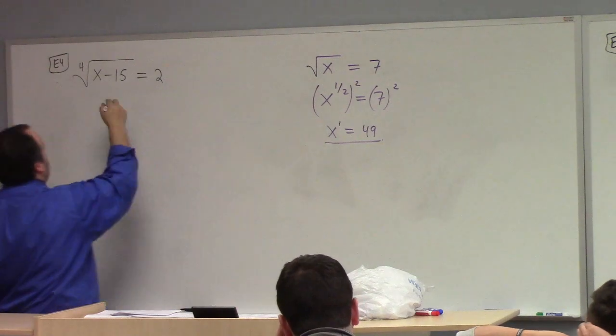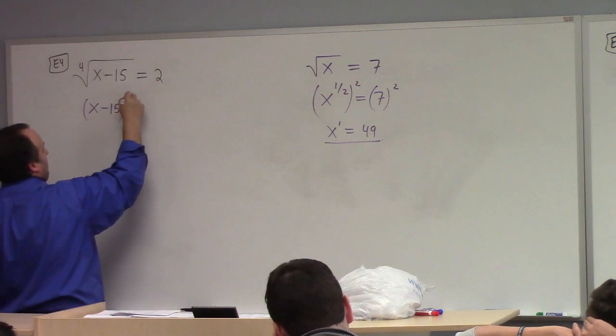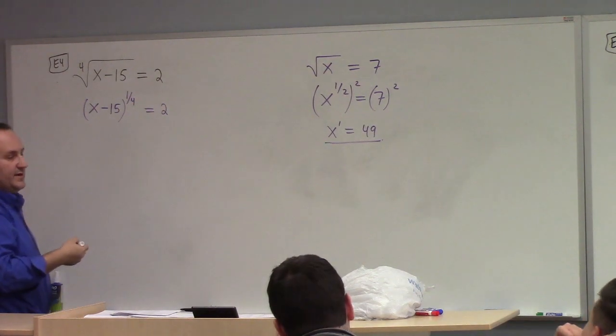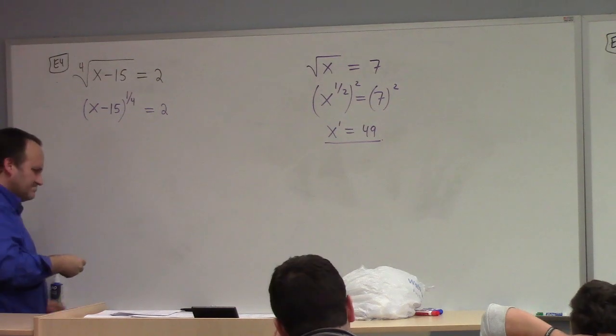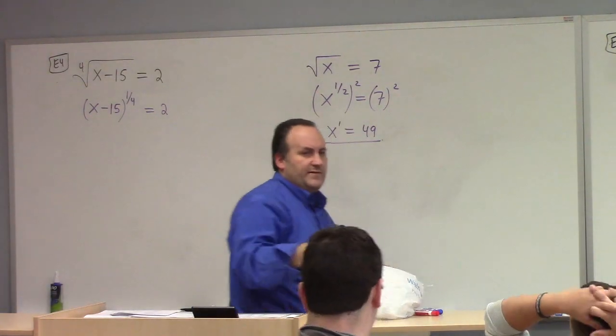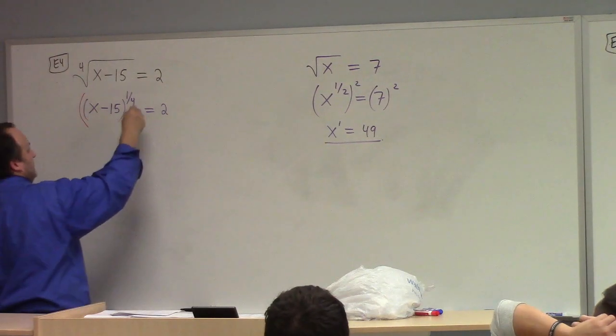So if I have this, this really means x minus 15 to the 1/4 power. If you want to get rid of the 1/4 power, we simply raise both sides of the equation to the fourth power. So like this.